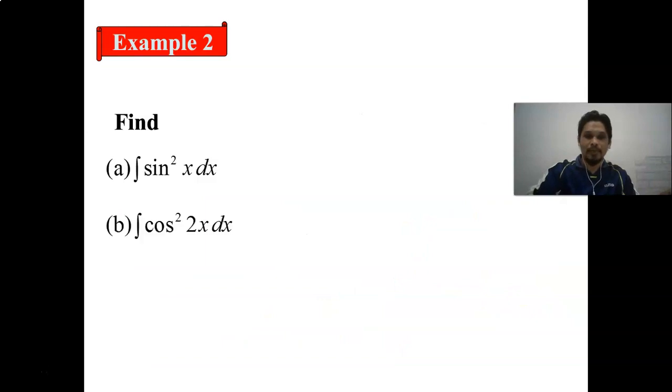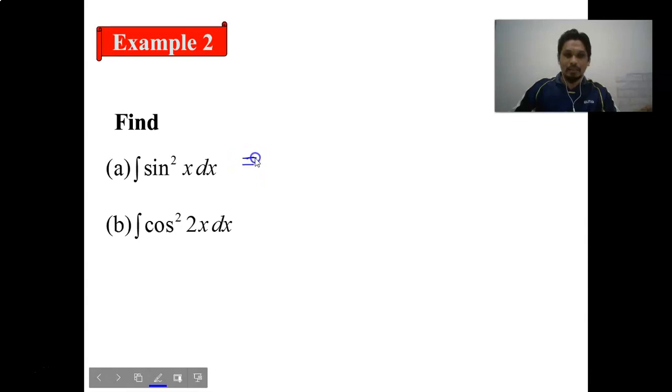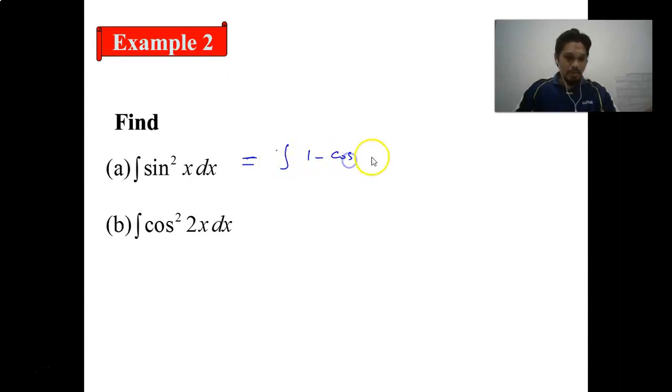example 2, find the integral of sine square x and also the integral of cos square x. For this one, it is the integral of 1 minus cos 2x, divided by 2, dx.